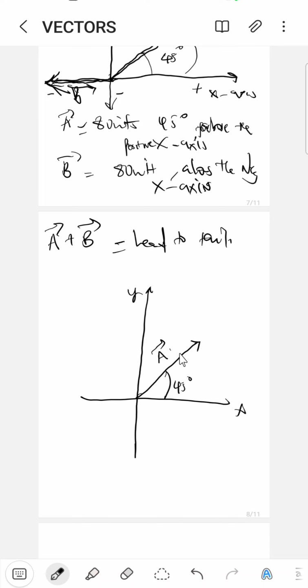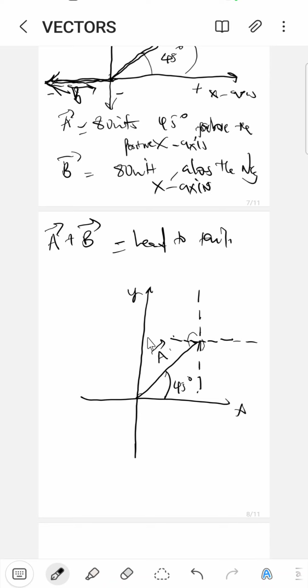Vector B is 8 units along the negative x-axis. Now, if you are going to add vector B to vector A, you assume head to tail. This is the head of A. The tail of B should be right here, which means B should originally start from here. So we draw another graph of sorts right there. This will be B's origin.